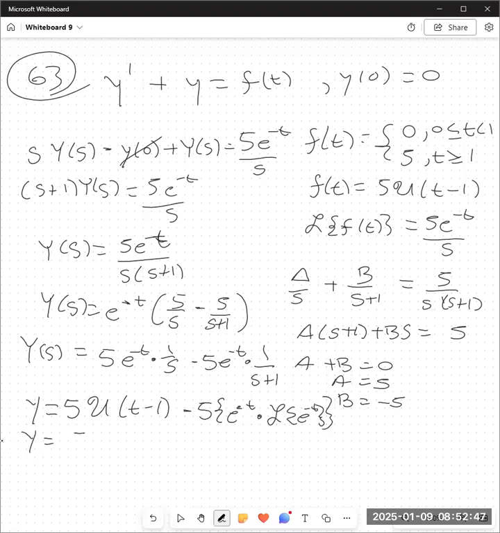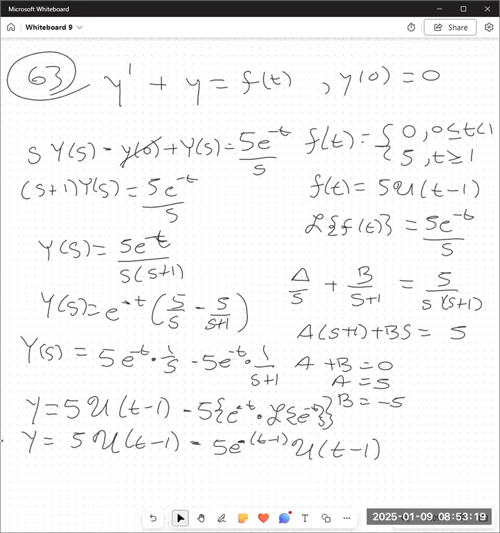So y equals 5 unit step function t minus 1, minus 5e to the negative t minus 1 times the unit step function t minus 1.